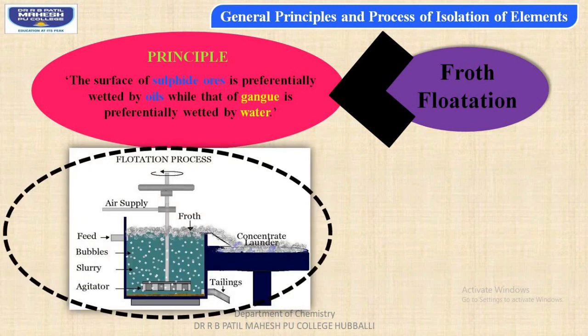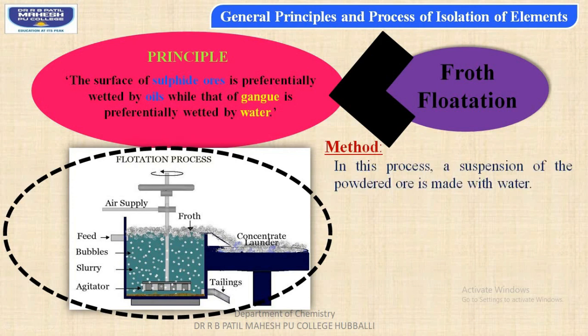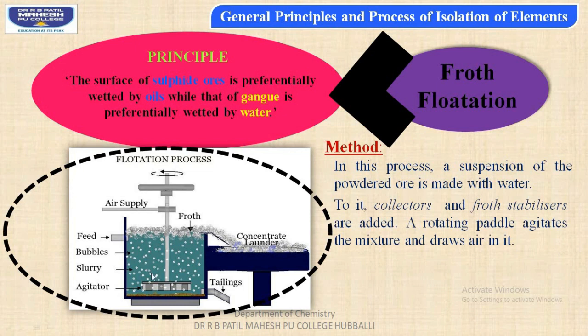The diagram represents froth flotation process. Let us consider method involved in the froth flotation process. In this process, a suspension of the powdered ore, that is sulfide ores, is mixed with the water, and to this, students, collectors and froth stabilizers are added, and a rotating paddle at the bottom of the container which is placed, which agitates the mixture and draws the air in it.